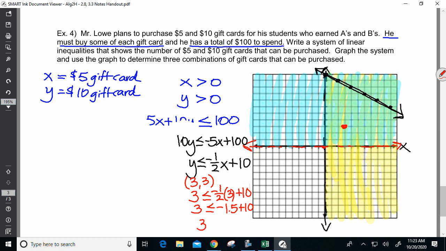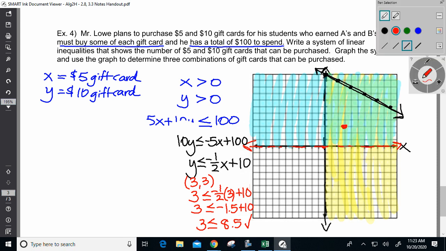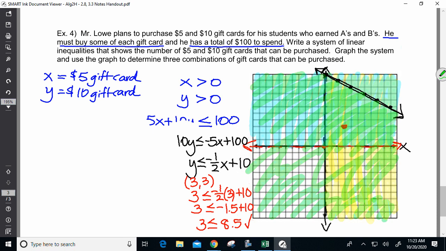So 3 is less than or equal to 8.5. That's valid. So everything below there gets shaded. I have an overlap.